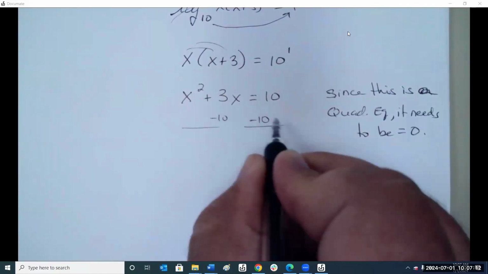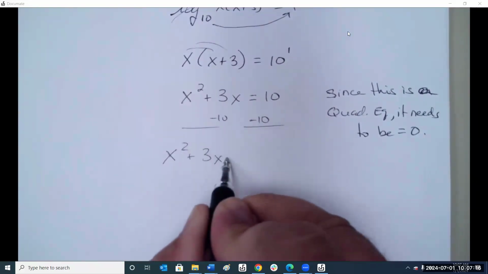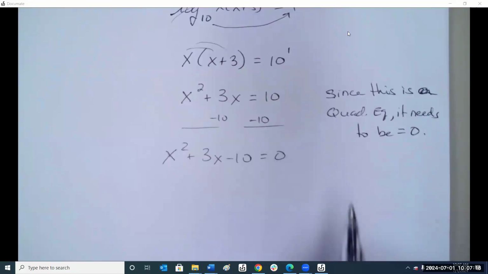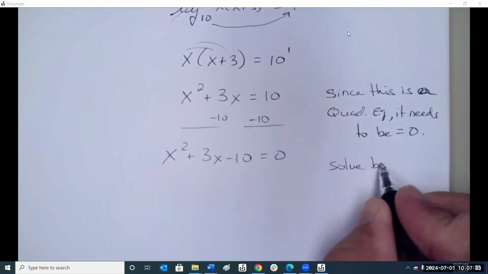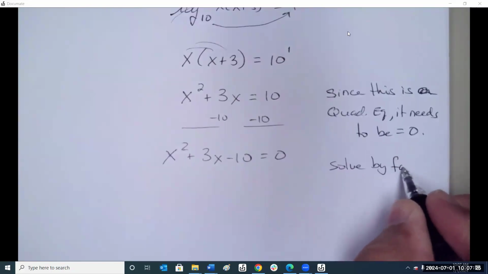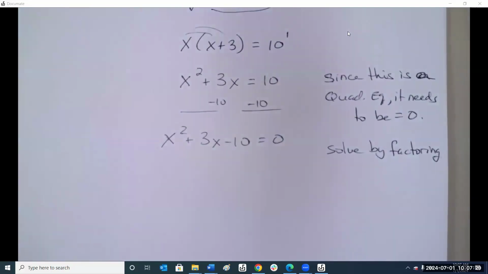So we subtract 10 from both sides, and solve by factoring the quadratic equation or completing the square.